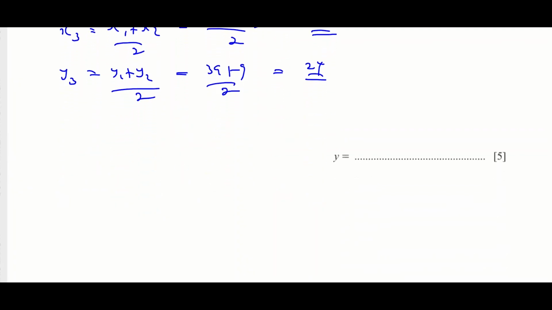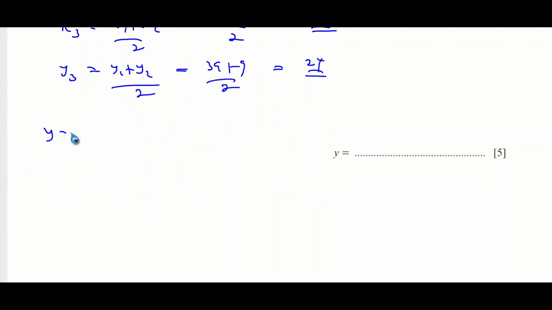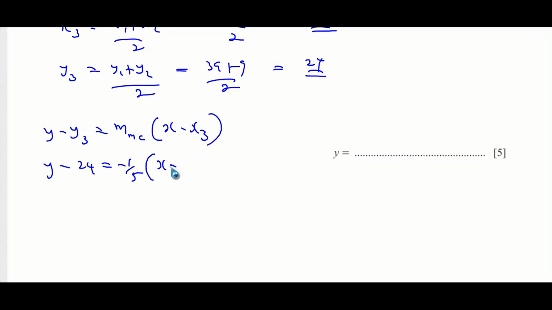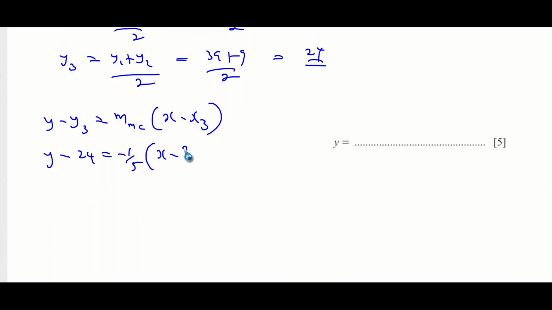Now the equation will be y minus y3 equals the gradient of MC into x minus x3. So y minus 24 equals the gradient of line MC, -1 over 5, into x minus 20.